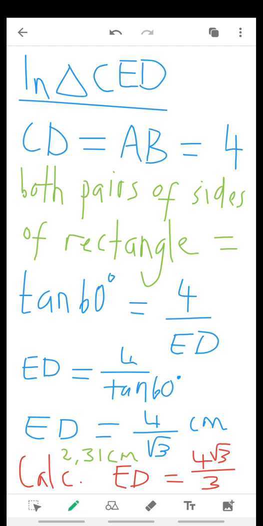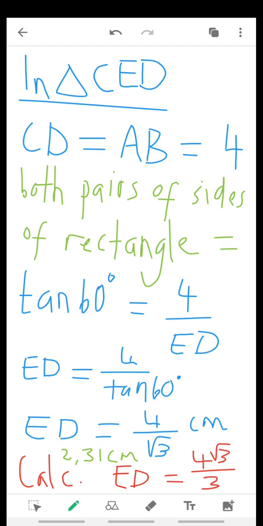Making ED the subject, I got 4 over tan 60 degrees, and ED was equal to 4 over square root of 3, which if you punch in the calculator, then your answer in decimal became 2,31 centimeters.